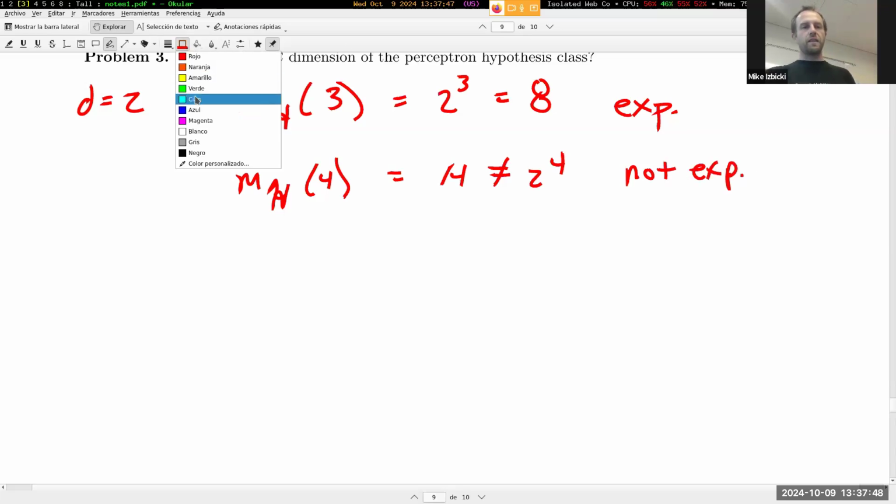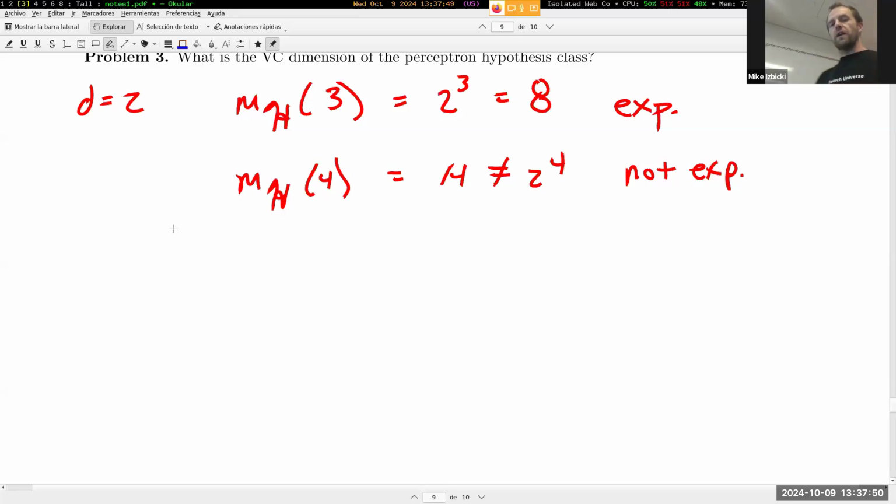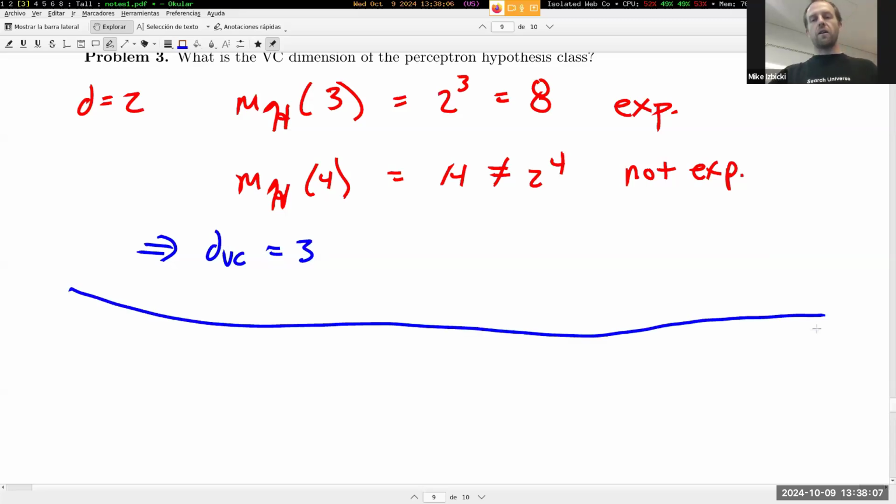And the VC dimension, again, is the largest value of N for which the growth function is exponential. So all of this together implies that in this case, the d_VC is going to be equal to 3. So when our dimension is equal to 2, our VC dimension is equal to 3. And that's something that we have already shown.